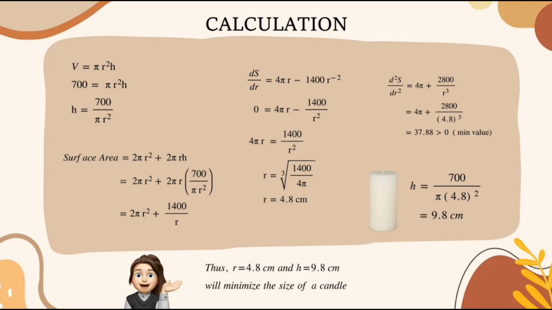Last but not least, to find h, we must substitute r into the equation. And we get 9.8 centimeters for height. Thus, radius equal to 4.8 centimeters and height equal to 9.8 centimeters will minimize the size of the candle.